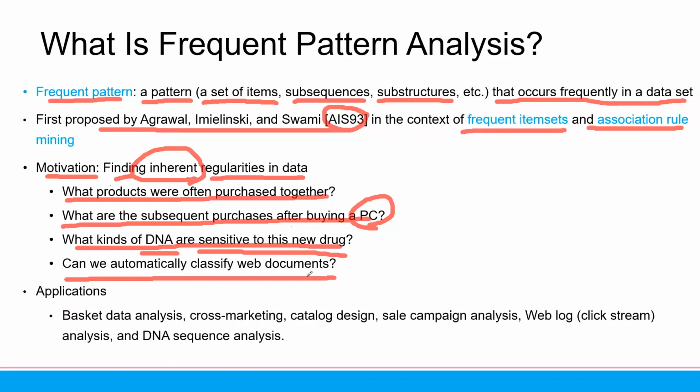For classification of web documents, usually we will see the patterns of the words. So there are many applications: basket data analysis, cross marketing, catalog design, sale campaign analysis. We can use this for web logs or clickstreams, and we can also do DNA sequence analysis.